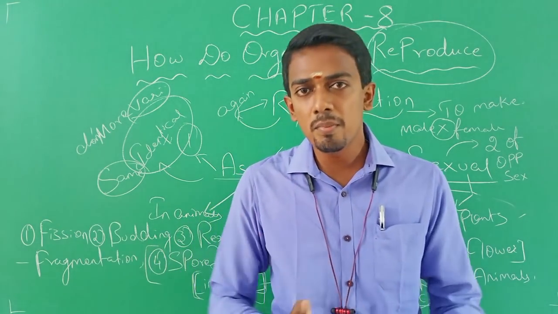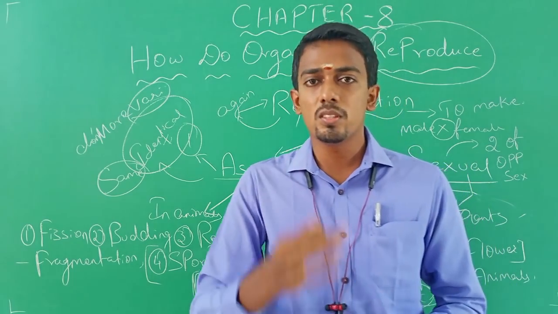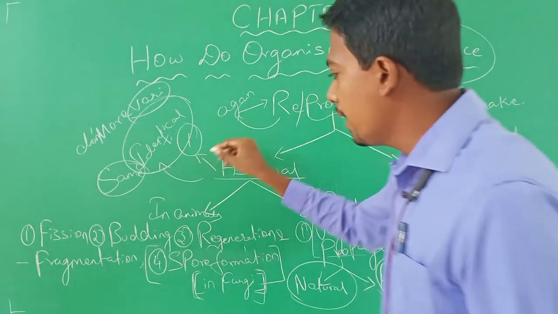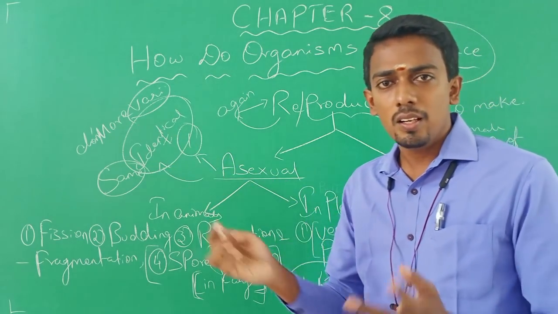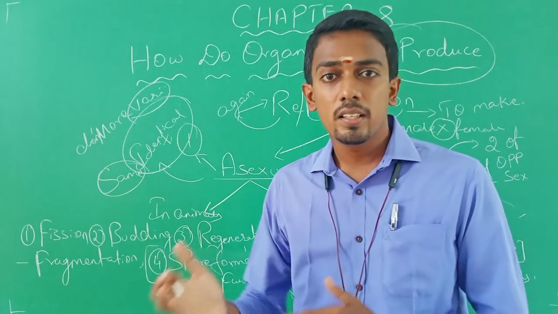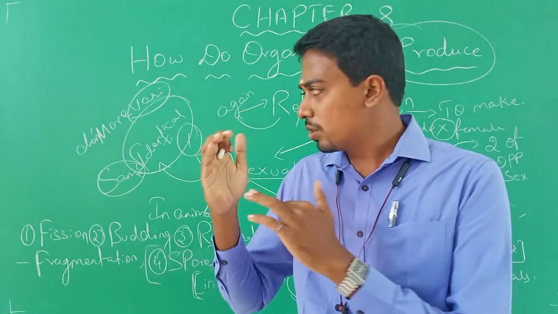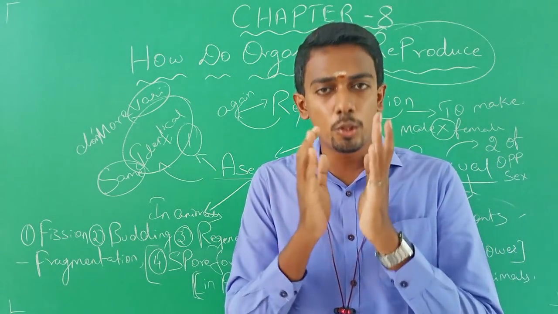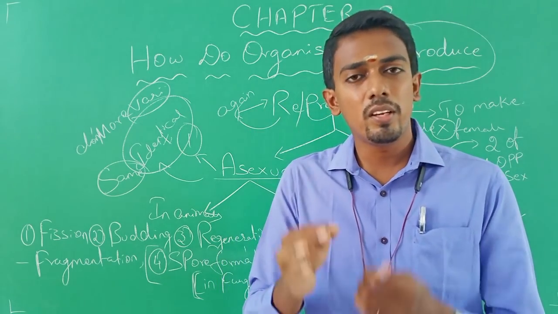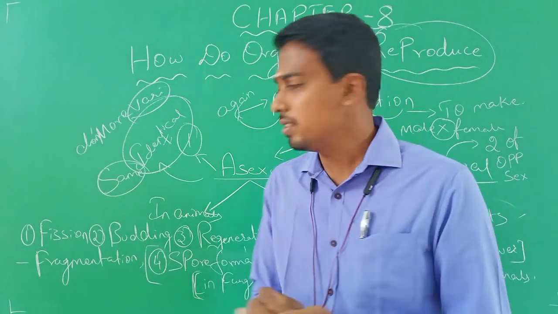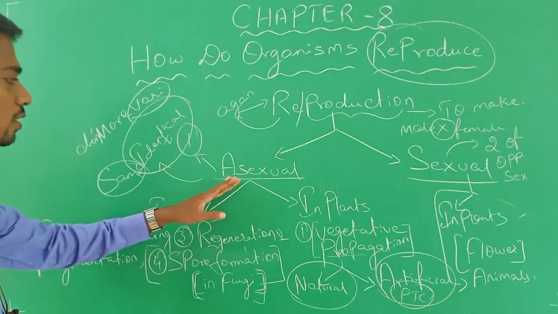How much dissimilarity we have between both is called the variation. But in asexual reproduction, the offspring produced do not vary much. You can't say it has no variation at all; it does have some variation, but it is very feeble or highly unnoticeable. That is all about asexual reproduction.